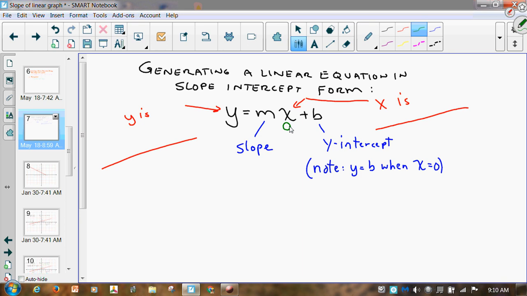But notice that y here, going back to some earlier discussion, is the dependent variable, because the value of y is going to depend on what happens as we change the value of x and apply the slope and the constant to it.